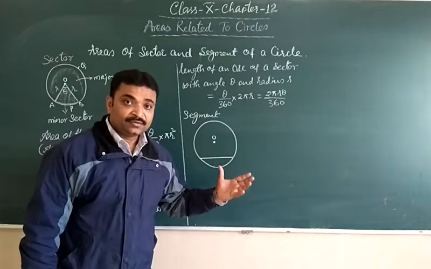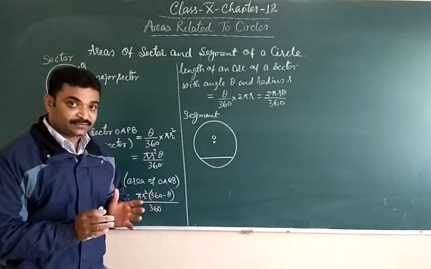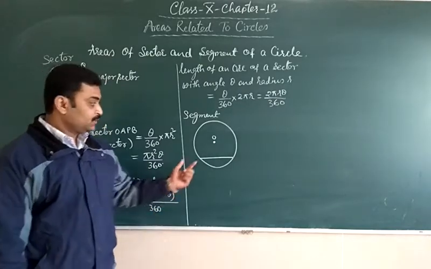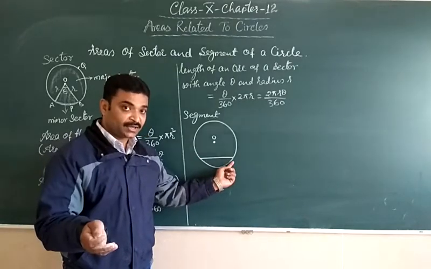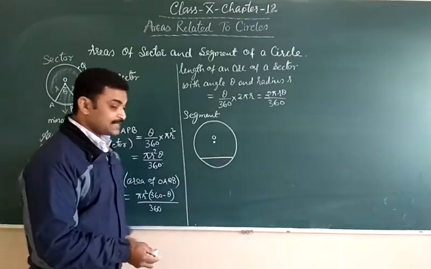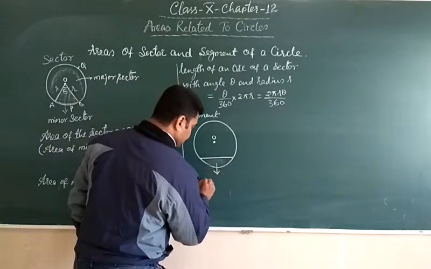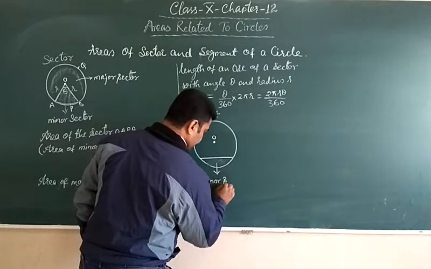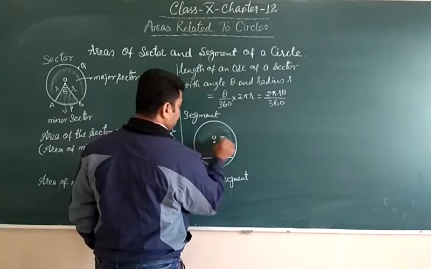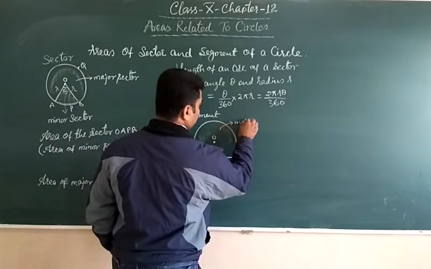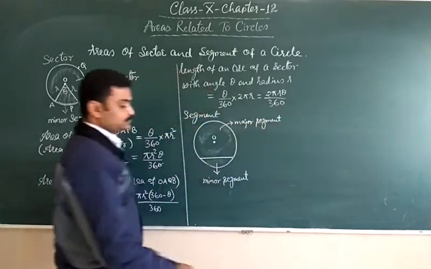The part or the portion of a circular region enclosed by a chord and the corresponding arc is called segment. That means it is the smaller or minor, so it is minor segment, and this full part is called major segment. Clear?